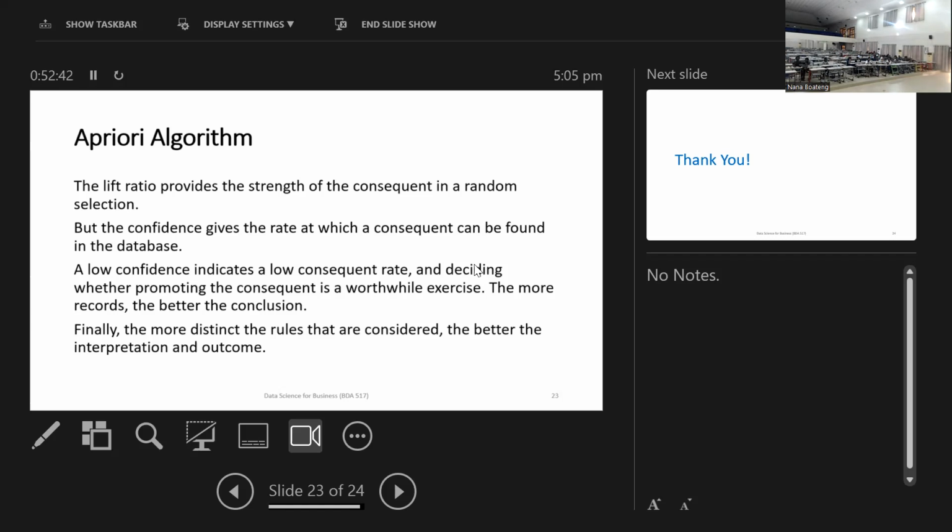So the antecedent, what do you call it? Antecedent and then the lift.